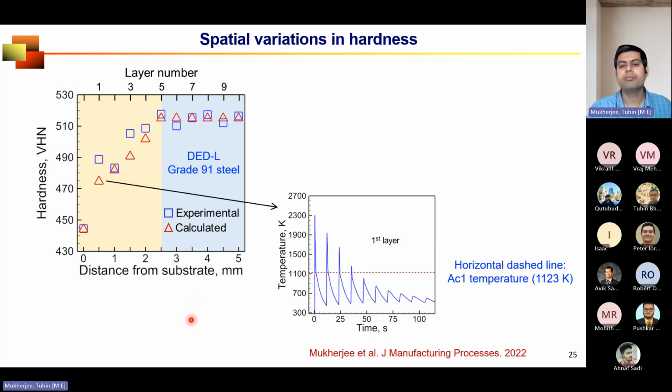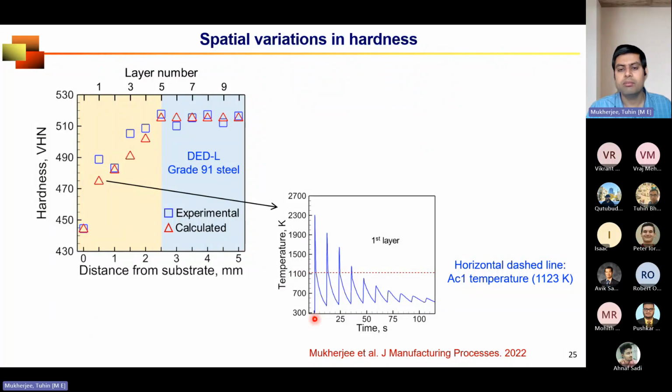Why is that happening? If I talk about lower layers like layer 1, you will see this is the thermal cycle. What is this AC1 temperature for this material? This is 1123 Kelvin. That means if the temperature goes above that temperature, all the martensite that formed will become austenite again, and it needs to form martensite once more.